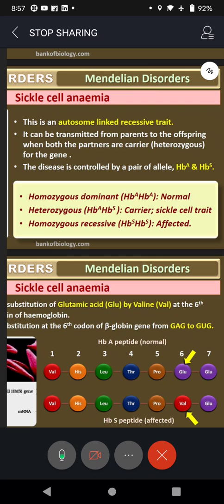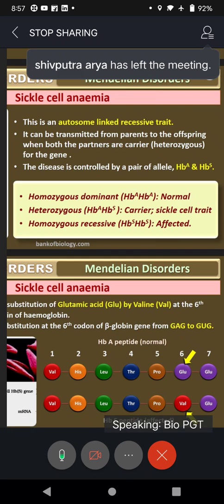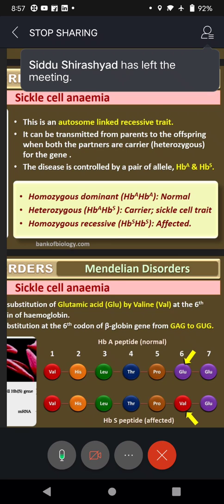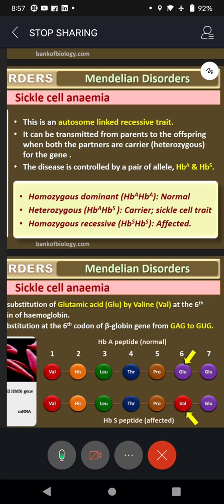Three varieties of genes are there. First, homozygous dominant, hemoglobin A, hemoglobin A, that becomes normal. Second, heterozygous, hemoglobin A, hemoglobin S, HbS. That becomes a carrier. Okay? Carrier.